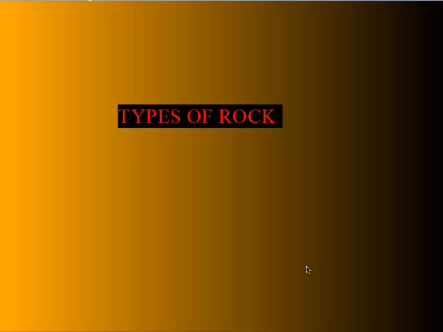Now, today's lesson. We are going to look at the types of rocks. Rocks are classified into three main types, and we are going to base our classification on how they are formed, that is the mode of formation.